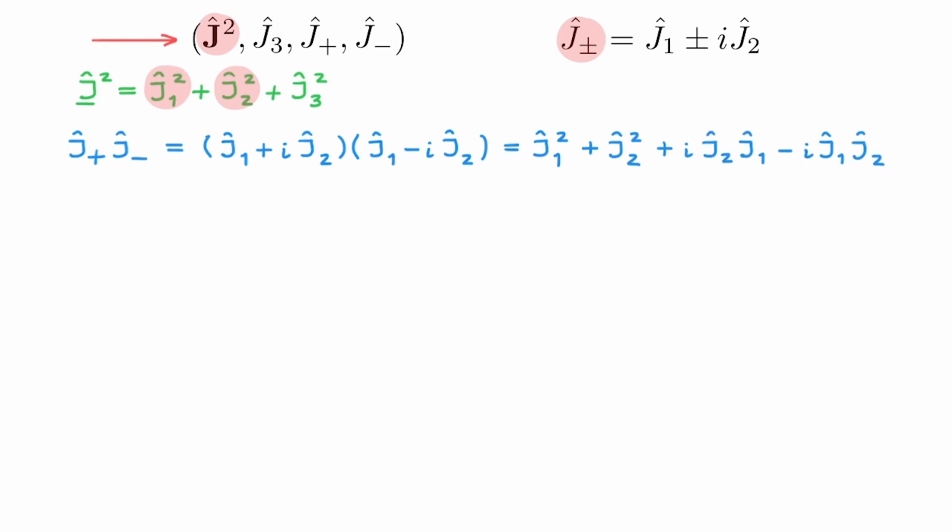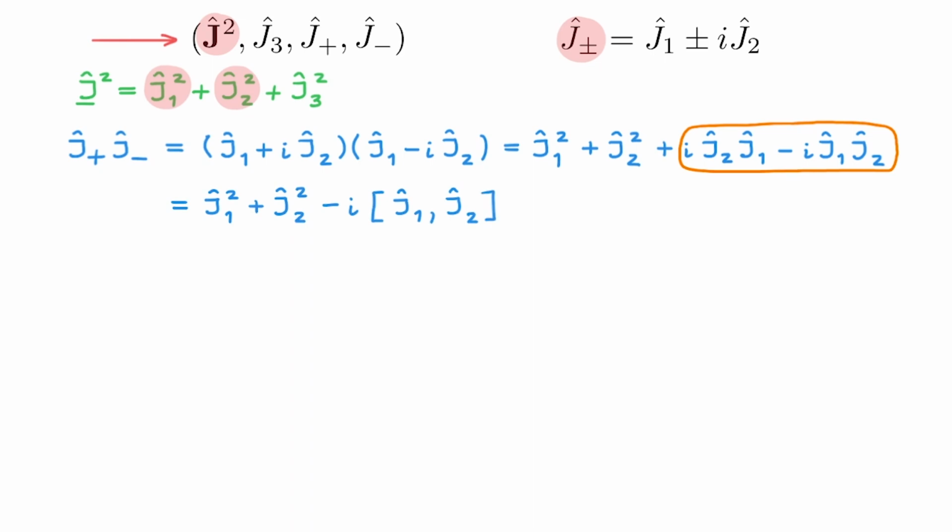The first 2 carry through unchanged, and these last 2 terms can be grouped into this commutator. The commutator is equal to i h bar J3, so that we get J1 squared plus J2 squared plus h bar J3.